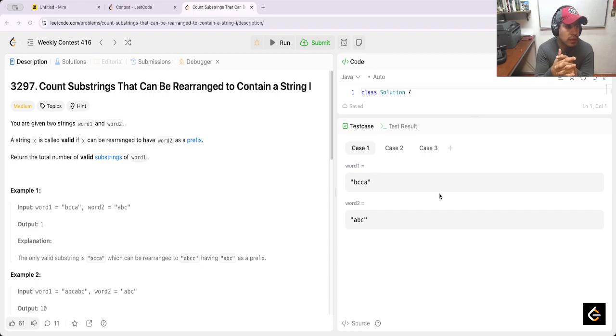We are given two strings, word 1 and word 2, and string x is called valid if x can be rearranged to have word 2 as a prefix. Return the total number of valid substrings.